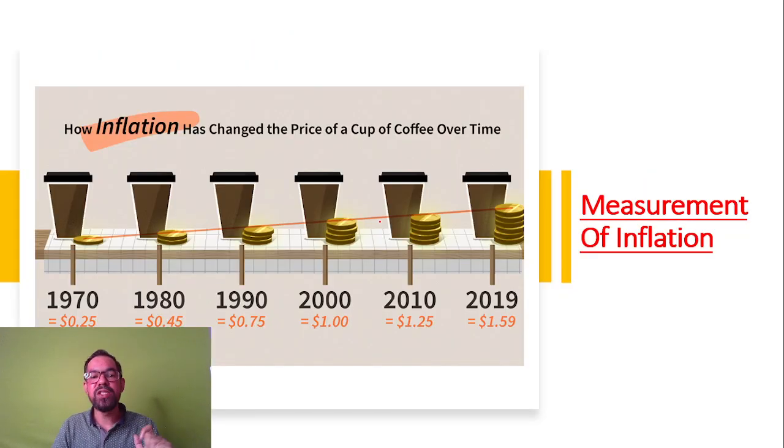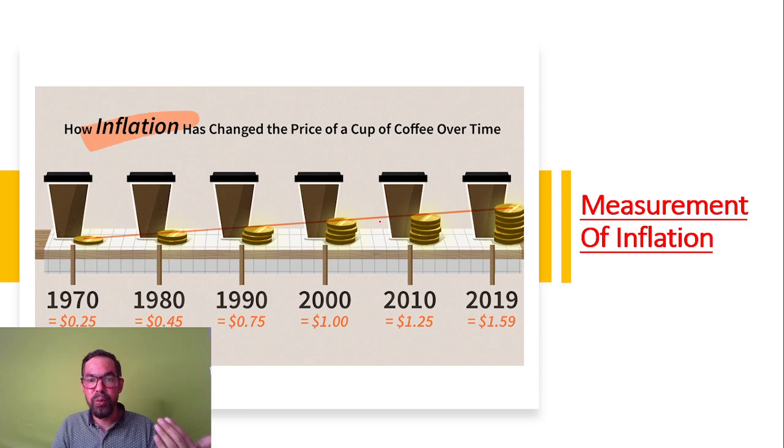Now next we'll move to the measurement of inflation. How to measure inflation? As I earlier told you, whenever you study inflation data, you will get numbers like 4%, 5%, 6%, 2%. So how do we calculate it? We'll take a reference of the Indian market as well. In India, we have two major indices.